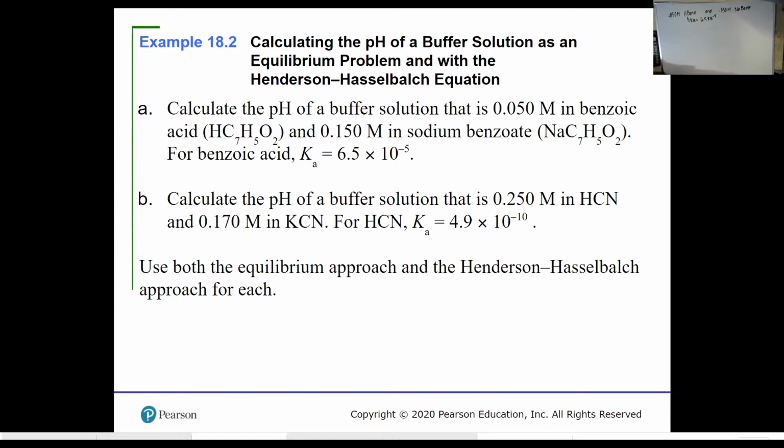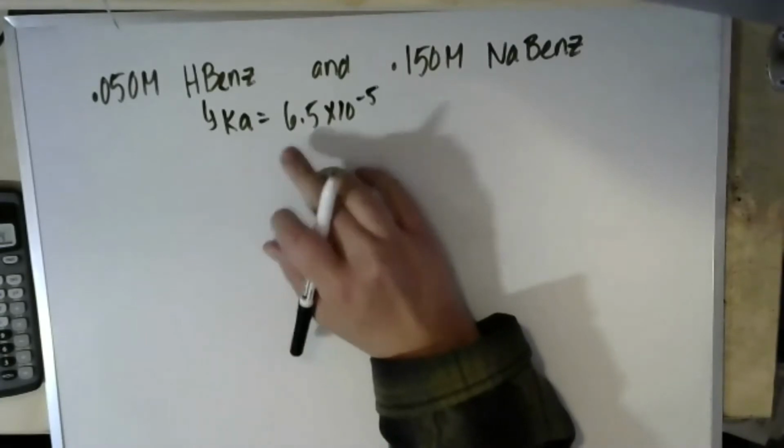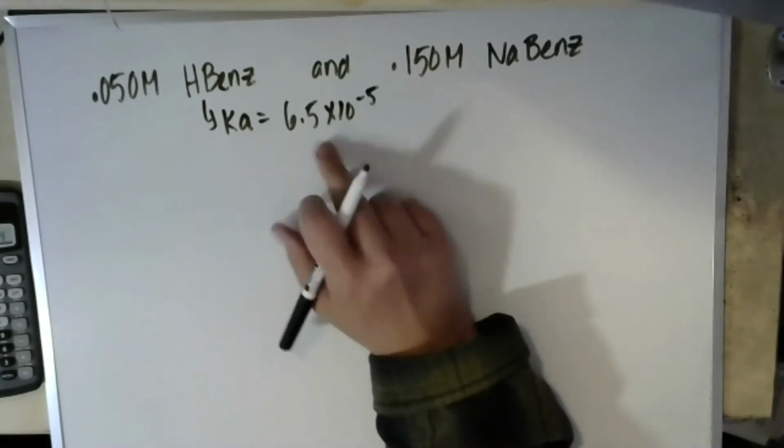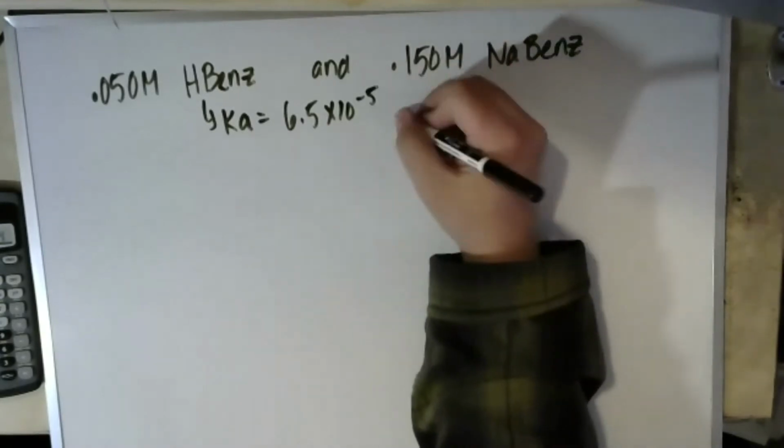So we're going to start with the benzoic acid. Because I'm going to solve the pH using both methods, I'm going to find the pKa of this before I get started so I have it for reference later on.